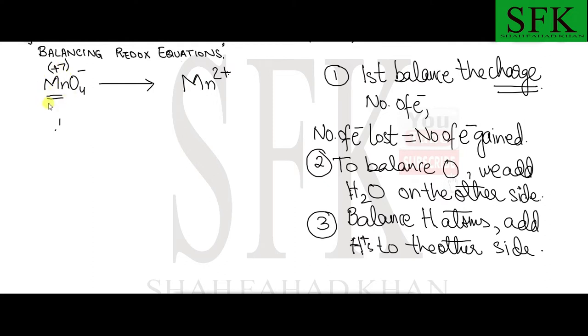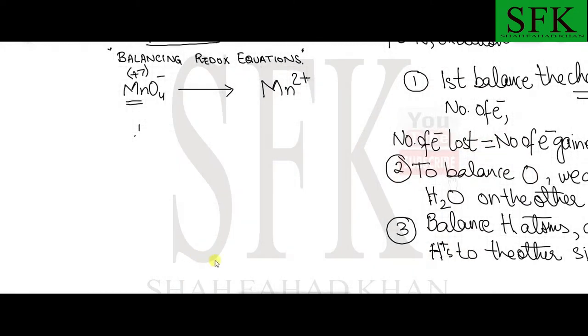Each of the manganese atoms over here is gaining 5 electrons because the difference in +7 and +2 is 5. So on the reactant side, in order to balance the charge, we add 5 electrons. So manganate ion gains 5 electrons to form manganese.